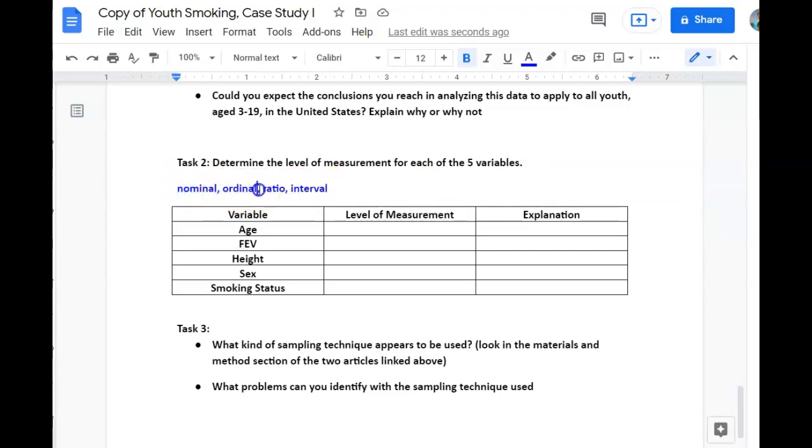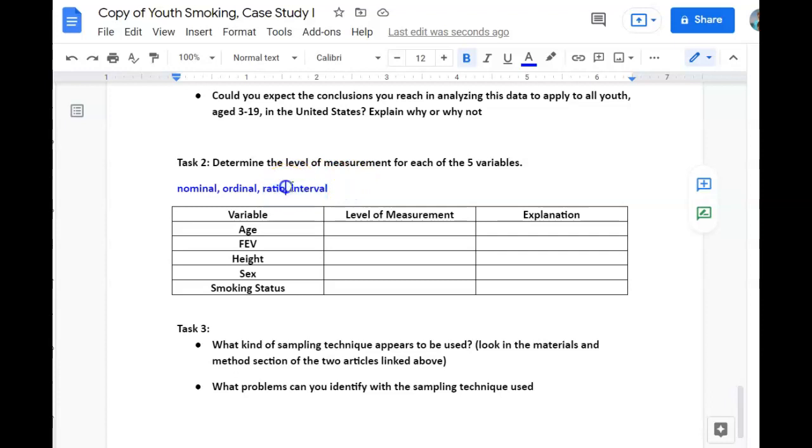Okay, ordinal is where you can put those characteristics in some sort of order, like first, second, third, or best, medium, worst. Nominal, you can't put it in order. The other two measurements are quantitative, so those are numerical variables.